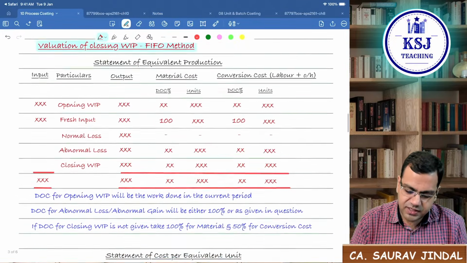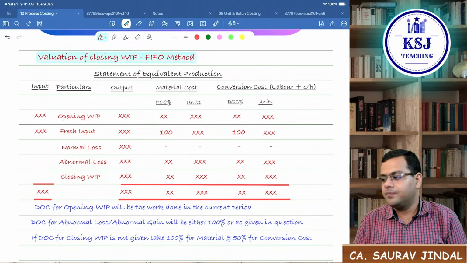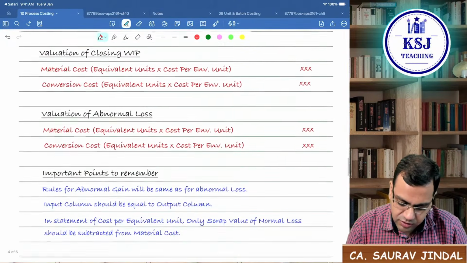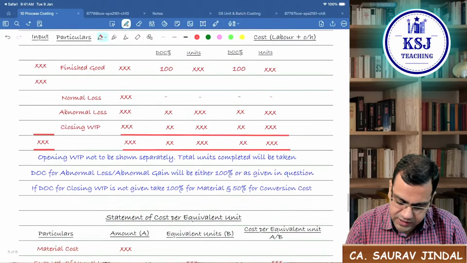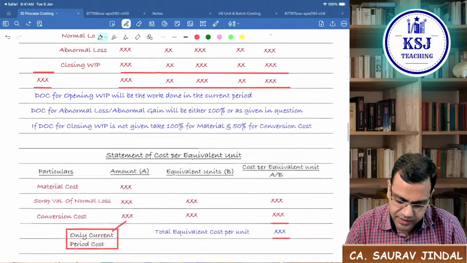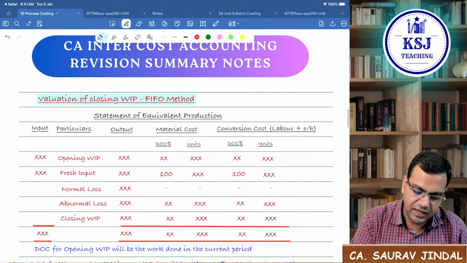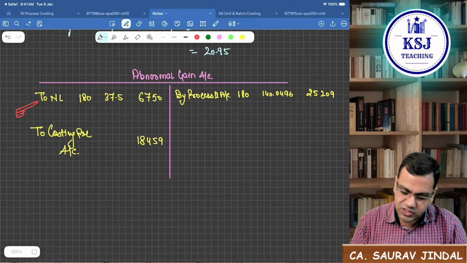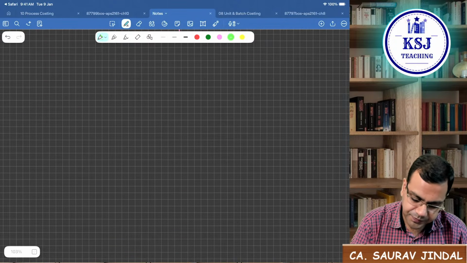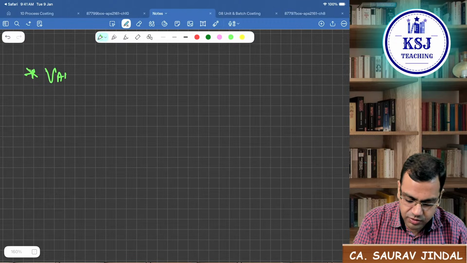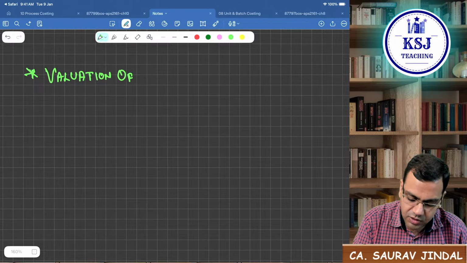So next we have valuation of closing WIP. In this we will get the FIFO method and weighted average method. I'll come to that later on. Right, so I've given all the detailed formats here to you. First, I'll talk about the basics of valuation of WIP.